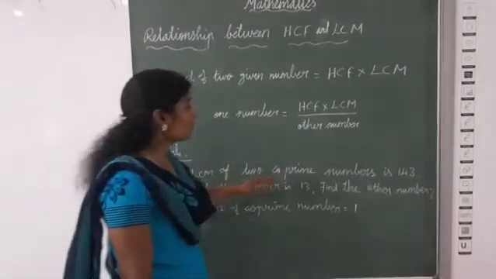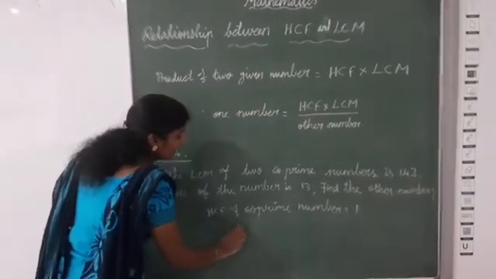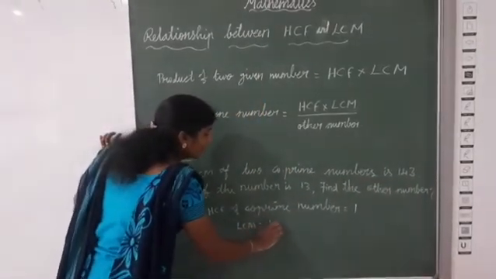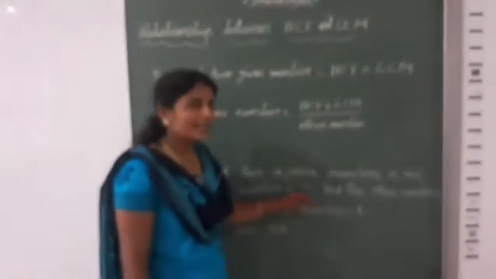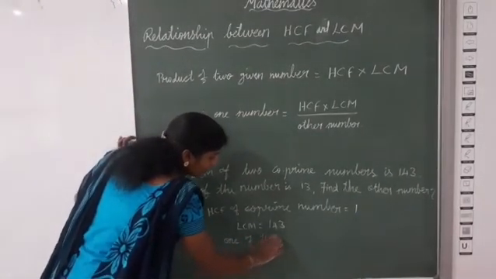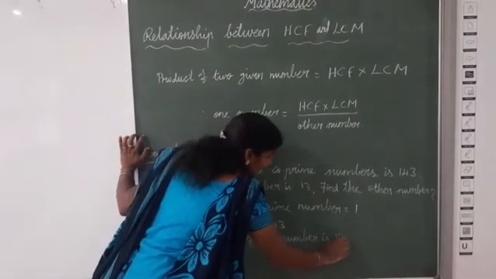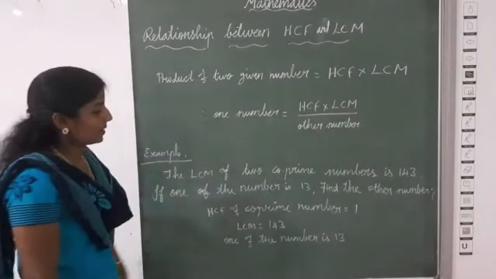The LCM of two co-prime numbers is 143. So LCM is equal to 143. If one of the numbers is 13, find the other number. Isn't it?